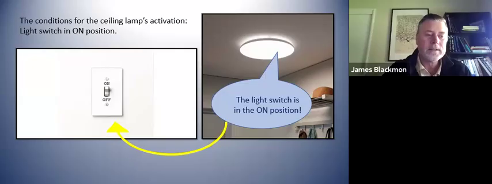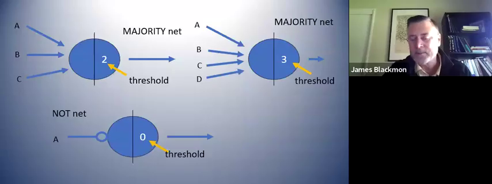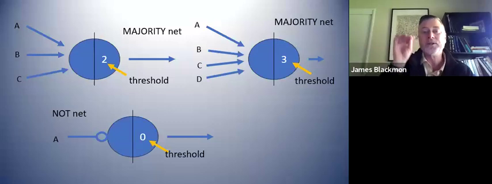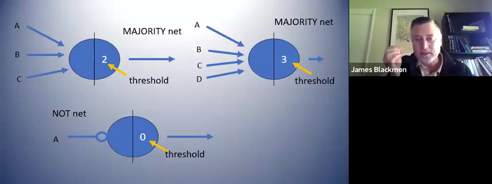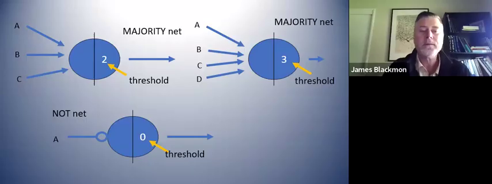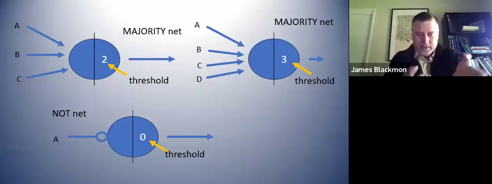And similarly, these McCulloch-Pitts neurons, whether it's a majority net or an OR net or whatever, you can think of them as being inherently representational. They're saying whenever they're active, the conditions for my activation have been met, and now you just need to know what those conditions are. And notice it's a scientific question. You can look at a neuron and see what other neurons feed into it, and you can learn how it gets activated.